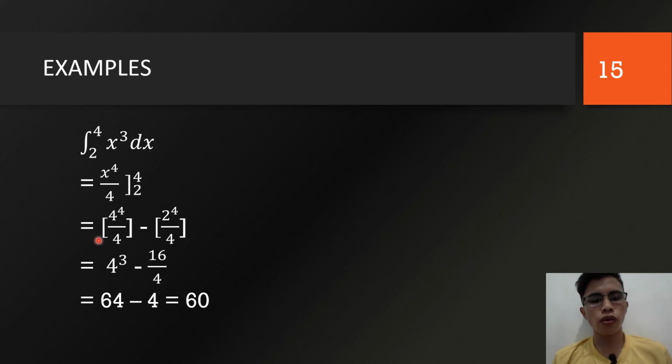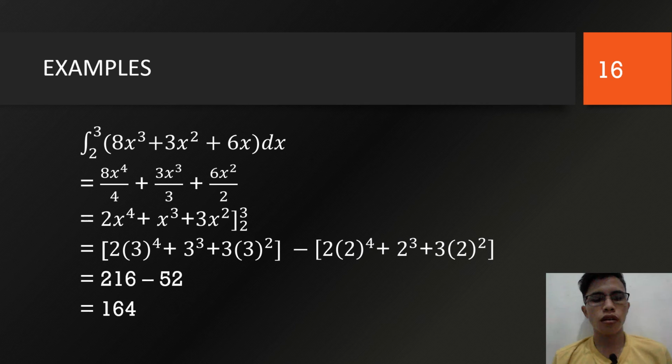So, cancel yung isang 4, kaya naging 4 cubed na lang siya. Then, 2 raised to 4 is 16 all over 4. Then, we have 64 minus 4, which is equal to 60. So, the value of the integral of x cubed dx from 2 to 4 is equal to 60.